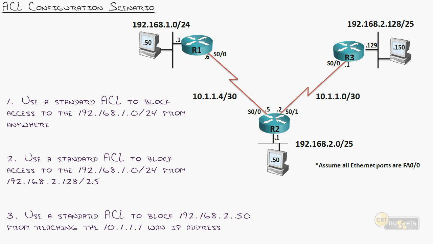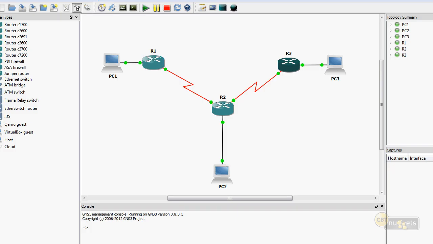Now, what I've done is I've actually set up this little scenario in GNS3. Now I do these series totally out of order, so I'm actually recording this access list nugget before I've done routing. Why? Because I just wanted to record access lists. So I don't know if I've shown you GNS3 yet, but if I haven't, this is GNS3.